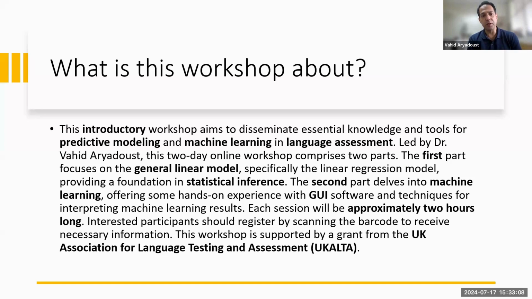So the first part of this workshop focuses on the general linear model. It's very important to familiarize ourselves with the general linear model, especially the regression model, because the idea is that if we can do predictive modeling using regression, multiple linear regression, we have a better foundation for doing machine learning.